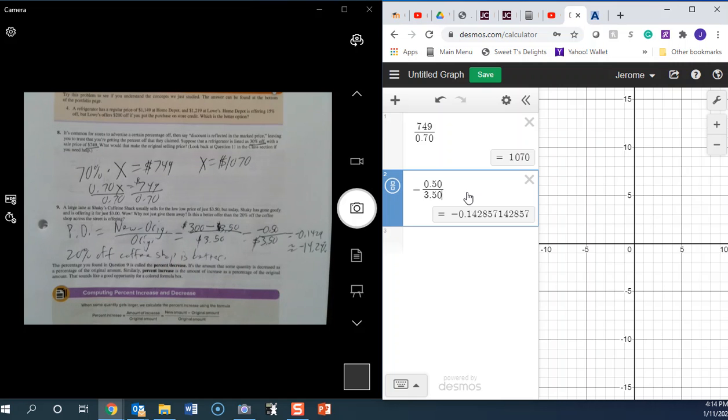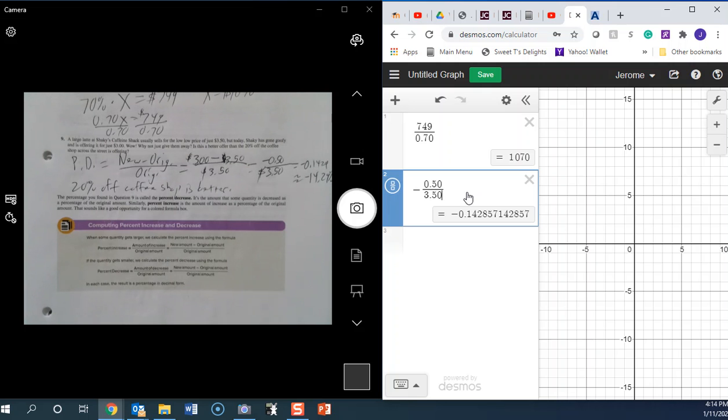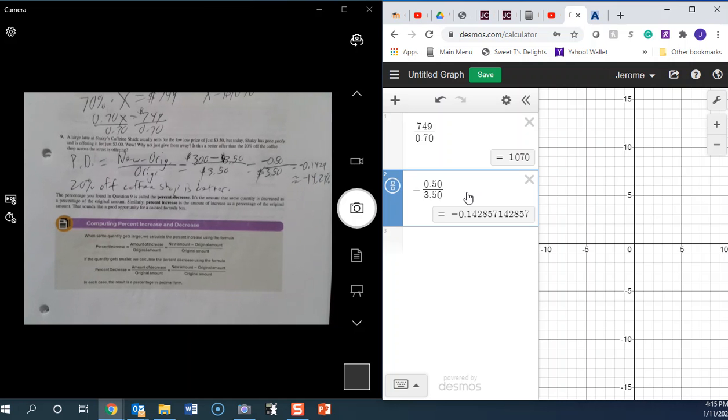Now, down at the bottom here, you have two formulas, percent increase and percent decrease. We already went over percent decrease, but the formula is the exact same. The only difference between the two is that at the end, after you solve it, you will get a negative sign if it's decreasing, but if it's increasing, you will get a positive sign.